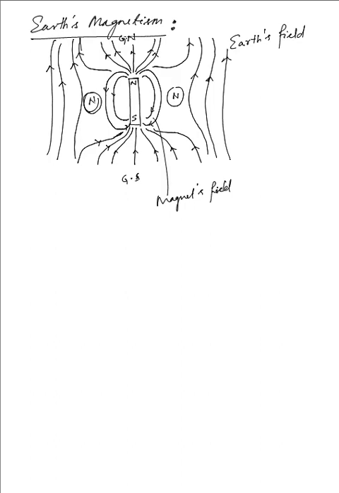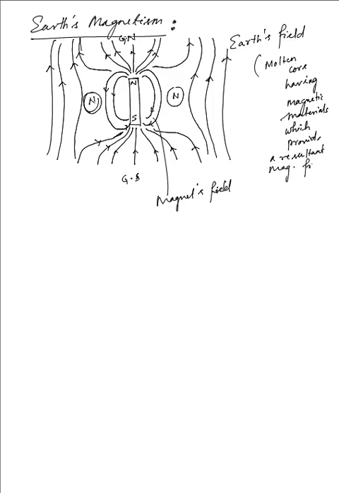So the magnetic field of the Earth is due to the molten core having magnetic materials, which provide a resultant magnetic field. And that is the Earth's magnetic field.